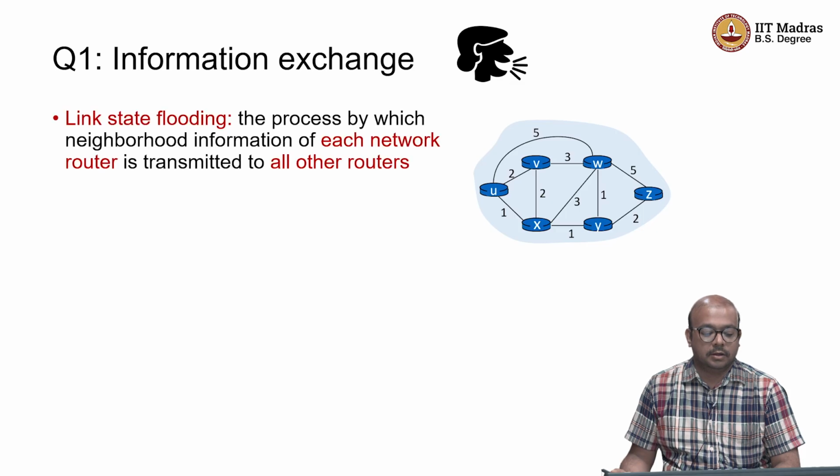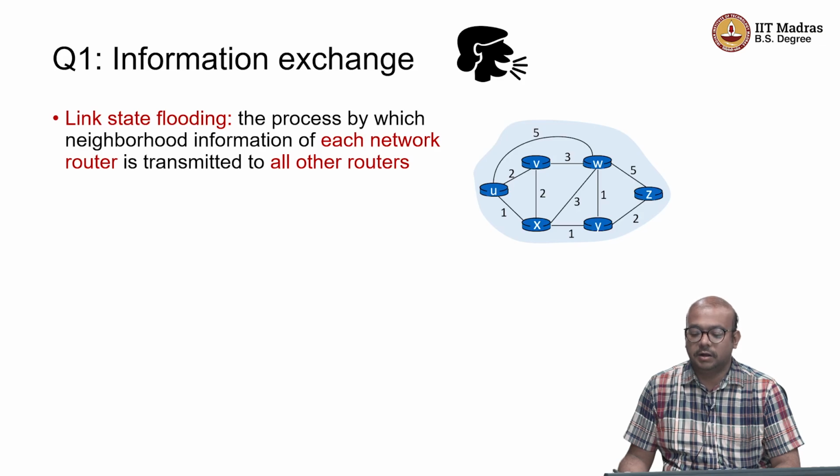Okay. So, the first thing that is done at the initialization is something called link state flooding. Okay. So, this is a process by which the neighborhood information of each network router is transmitted to all the other routers.